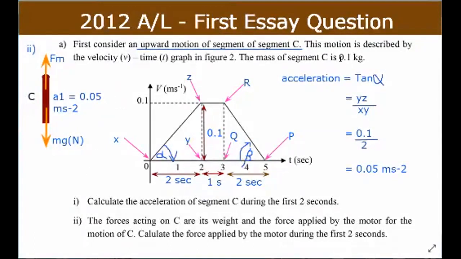We know the mass of segment C is 0.1 kilogram. Can you give a try here? Apply F equals ma. Find the force given by the motor, that is Fm, and send your answer to my Zoom chat. Start there.